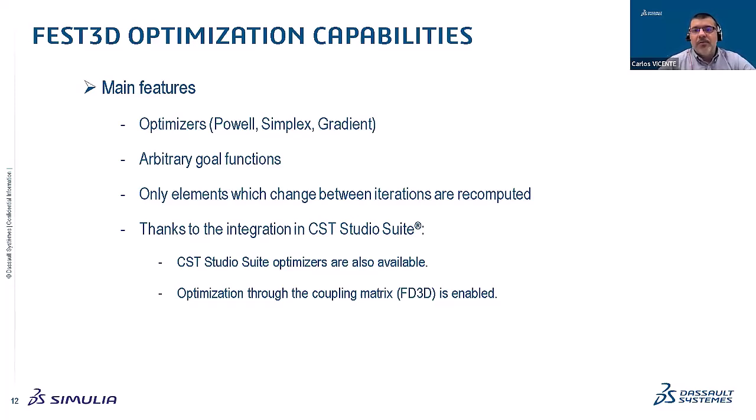So the simulation time per iteration can be much lower than the computational time of the complete component. Okay, in the case of the diplexer I showed before, if you have the T-junction already calculated and the bends and so on, the simulation time is reduced a lot to a few seconds.